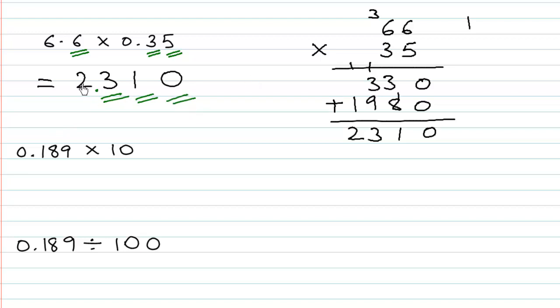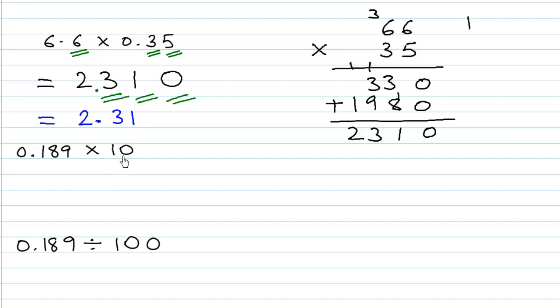So the answer is 2.310, and as we know, this 0 can be ignored. So the answer will be 2.31. This is in fact much easier, and even if you don't place the decimal points one below the other, you are going to get the right answer.